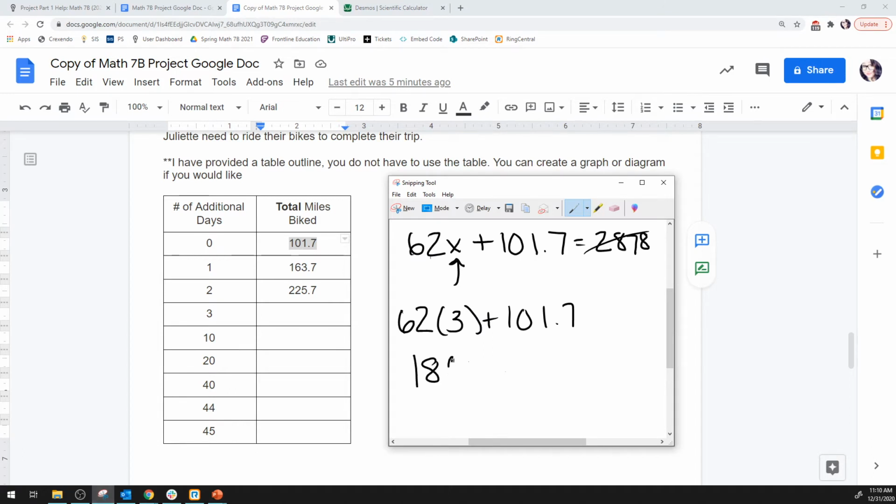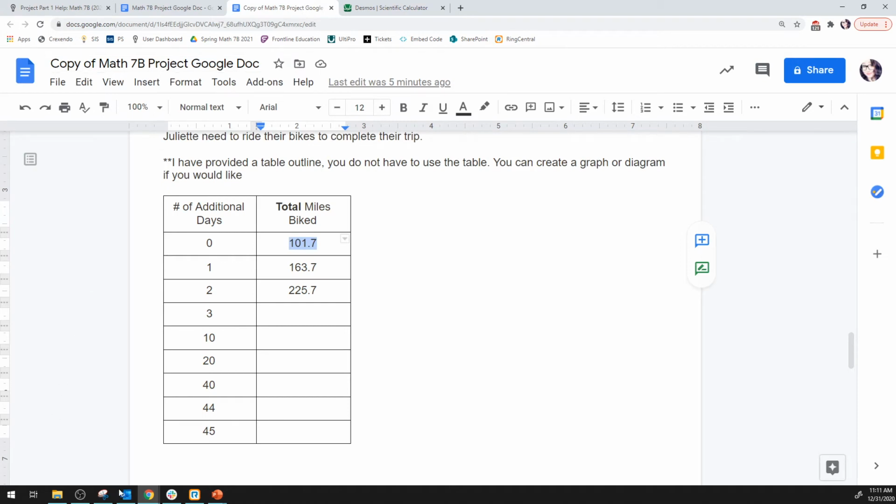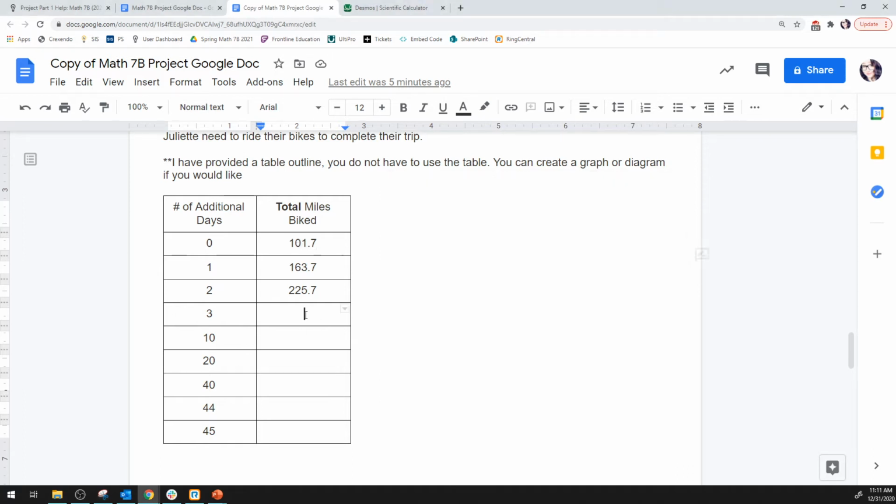So I have 186, and I'm adding that to 101.7. 186 plus 101.7 is going to give me 287.7. So that means that in this blank here for number 3, I am typing in 287.7.